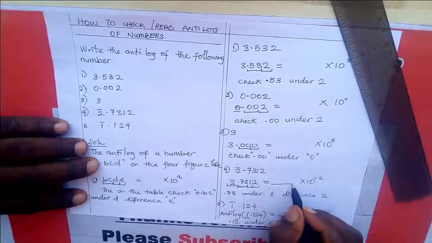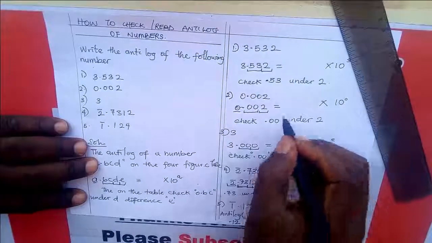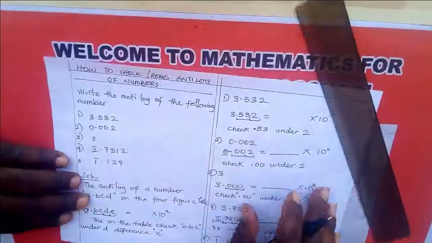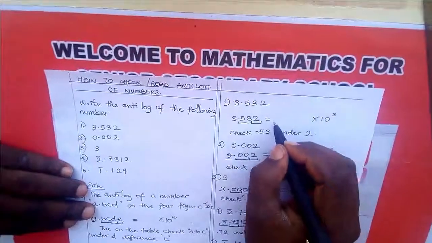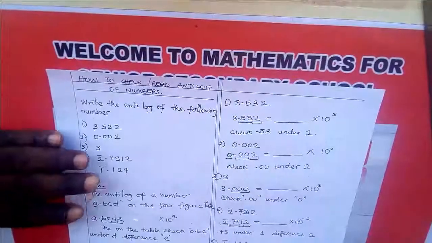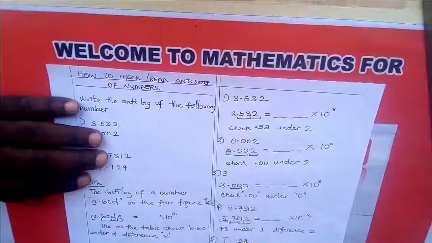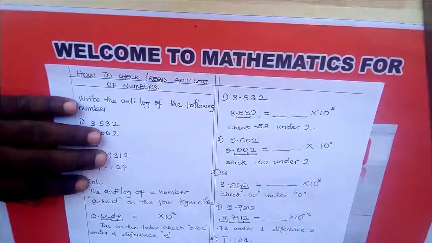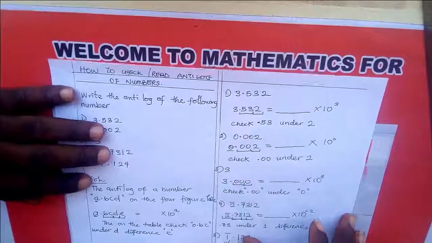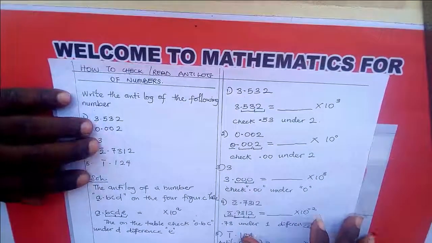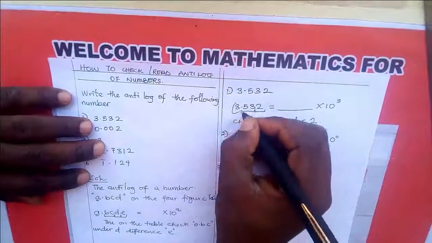Remember, your answer will be in terms of standard form. So let me check it on the table and write it for you to cross-check if you are able to get the correct answer.